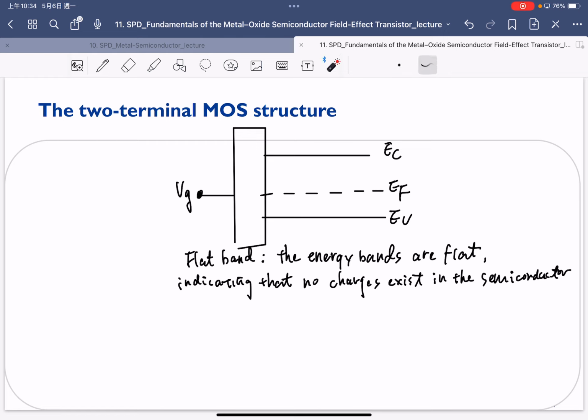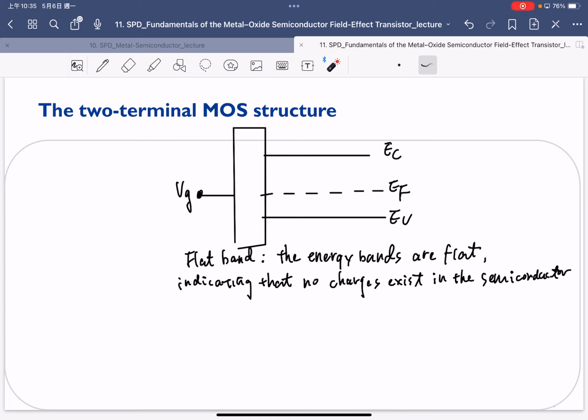Because there's no band bending here, if you still recall what you learned from the PN junction and the Schottky junction, once there's band bending, it always means that we start to have charge, either for depletion or accumulation, whatever. But if this is flat, that means there's no charge in this semiconductor. So usually we call this a flat band.